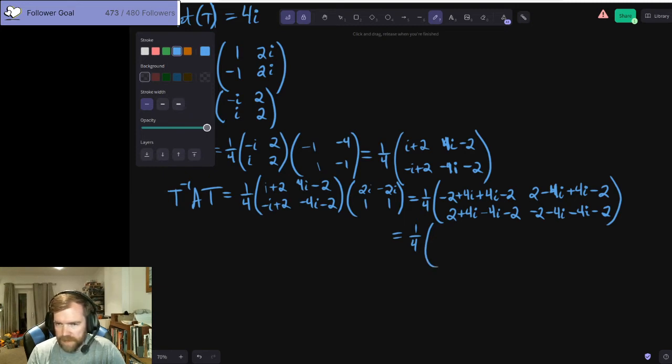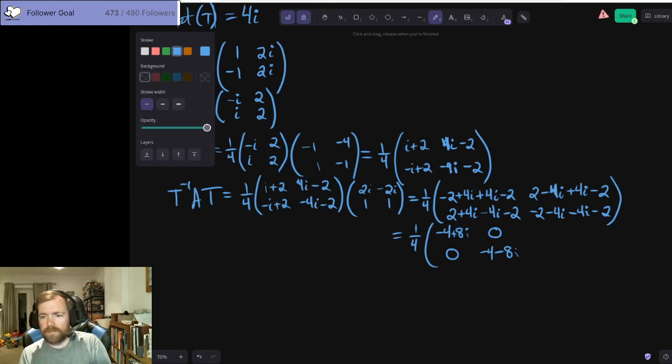Here we have at the top negative 4 plus 8i. Top right we have 0. Bottom left we have 0. And bottom right we also have a negative 4 minus 8i in this case. Okay, so then when we factor out a 4 from all of the stuff on the inside, this is going to be a 1/4 multiplied by our 4 from the inside.